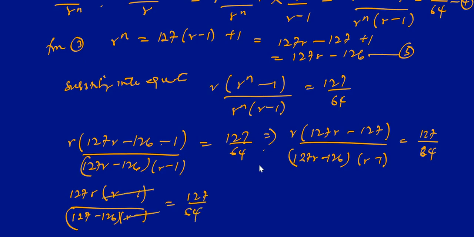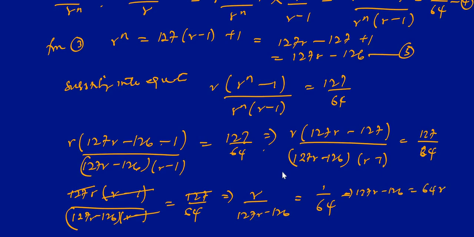So this will cancel this, and this one will also cancel this one. We have R all over 127R minus 126 equal to 1 over 64. Cross multiplying, 127R minus 126 equal to 64R. So that means 127R minus 64R is equal to 126.